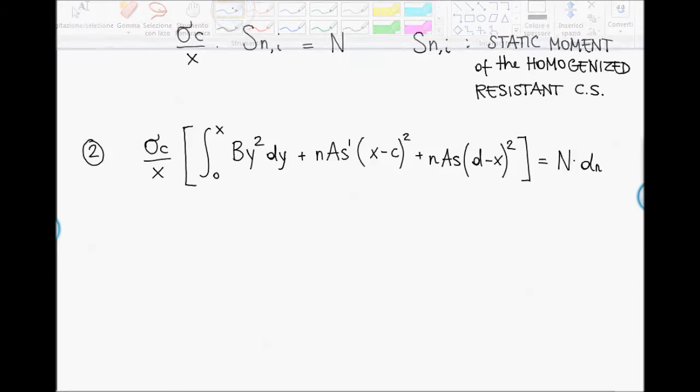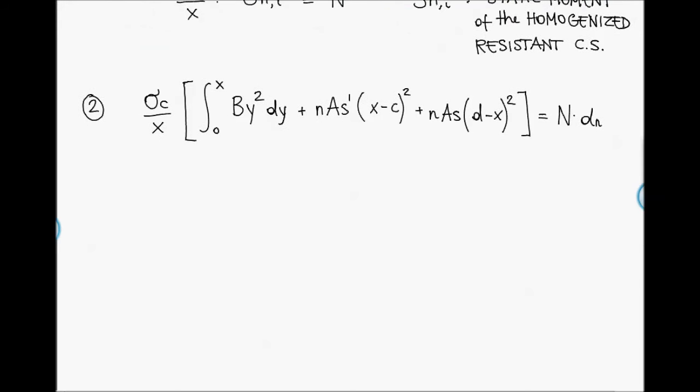We solve the integral, so the expression becomes this one. It is b x cubed over 3 plus the contributions of the steel reinforcements.